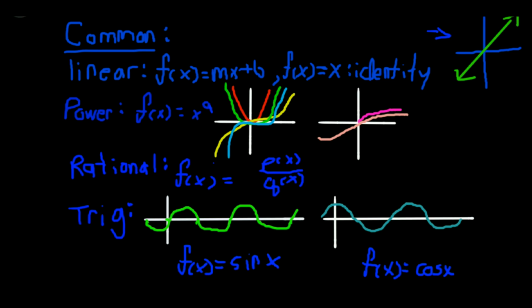Next we have this yellow function, which is x cubed, and you can see that it spends a little bit more time between 0 and 1, nearer to the origin, and that's because if x is less than 1, then it's going to tend to stay closer to the x-axis the higher the power we get. So this yellow is x cubed, and then finally this green one here is x to the 4th.